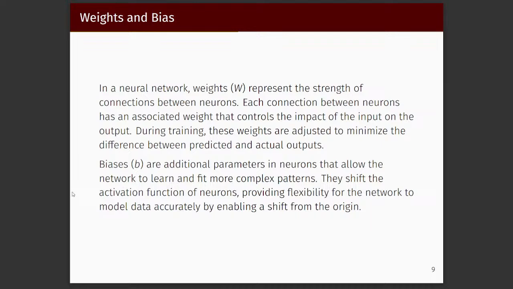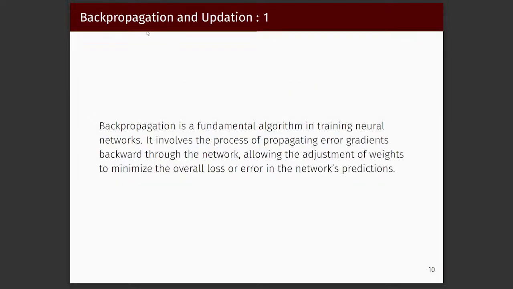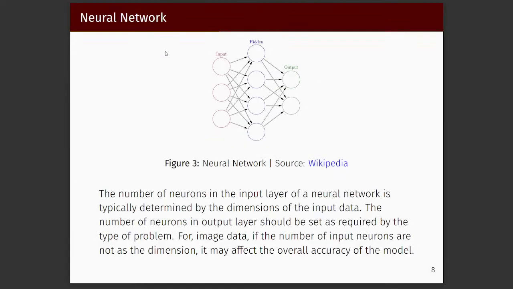So, backpropagation. What is backpropagation? Let's come to the neural network image now. Let's say we gave input. It passed through the hidden layer and went to the output. So what will the model do next?